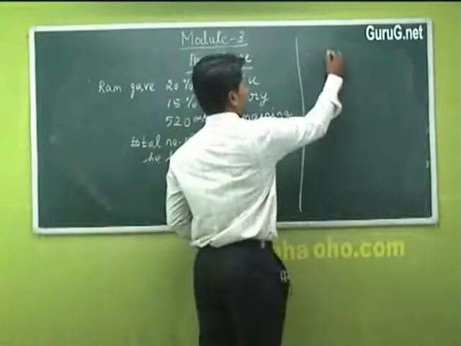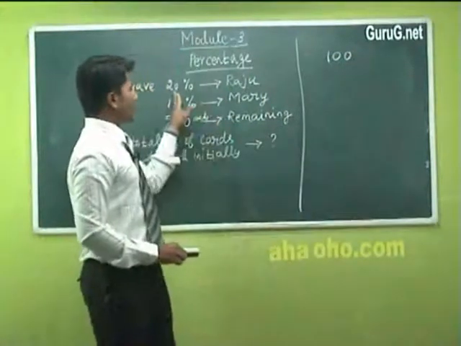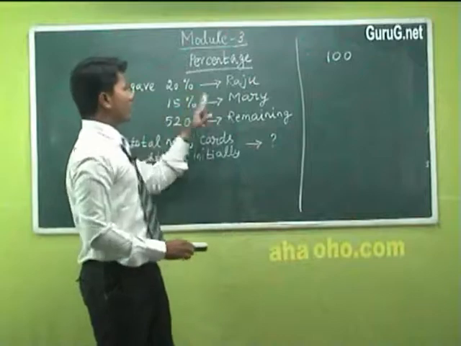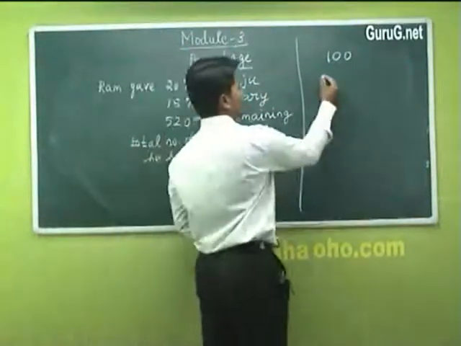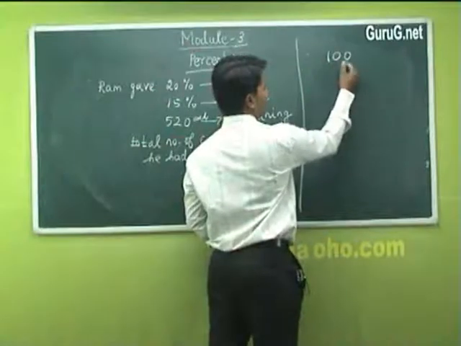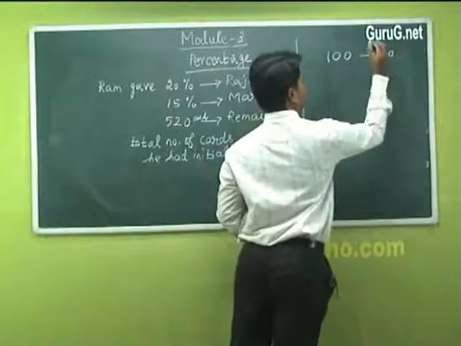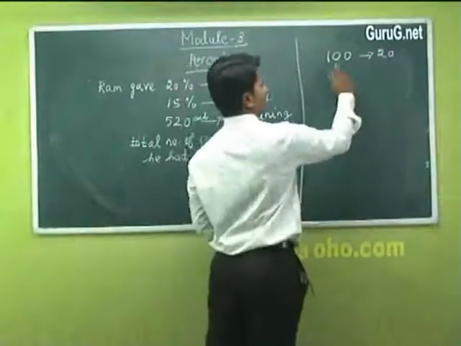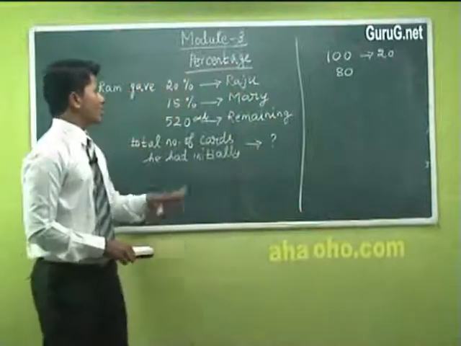So consider the initial value as 100. Now you are giving 20% of cards, say 100 cards, to Raju. In 100, 20% is nothing but 20. Fine. So 100 minus 20 is 80.